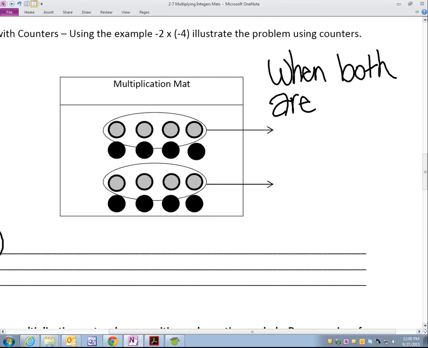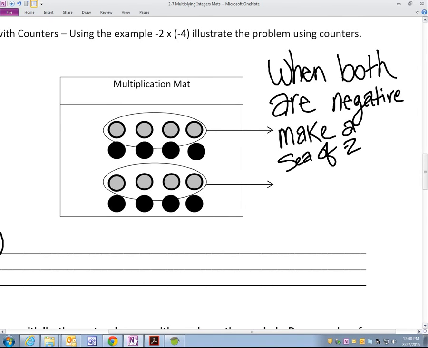Yep, both the integers. Good. When both the integers are negative, make a C of zeros.